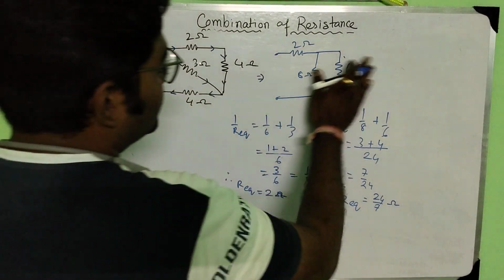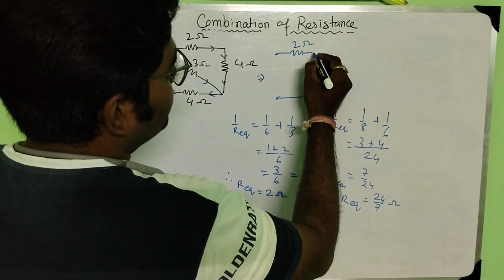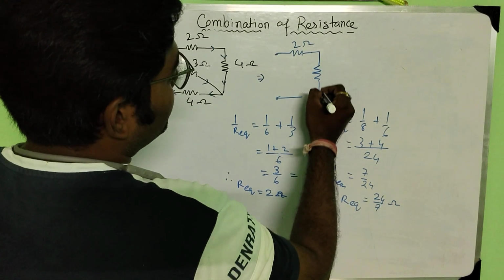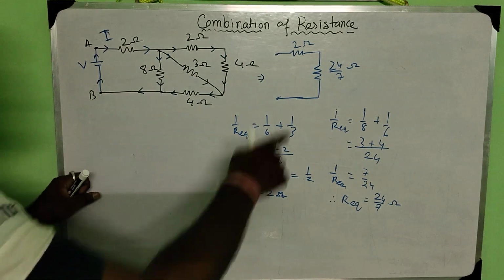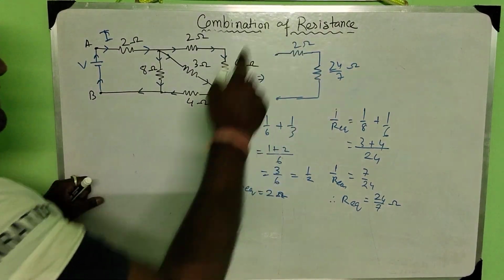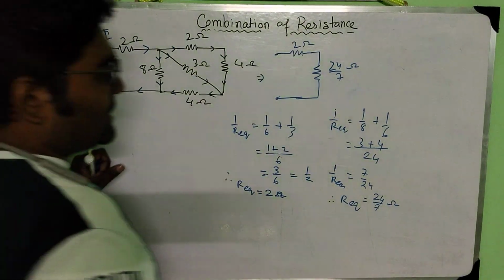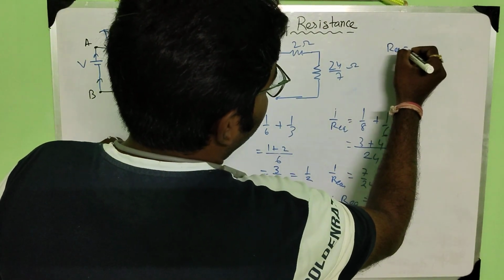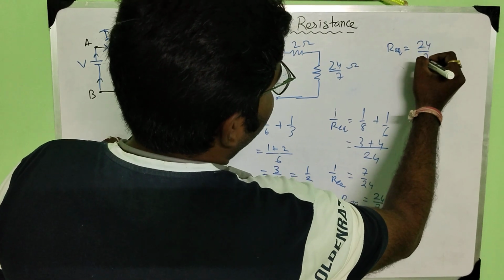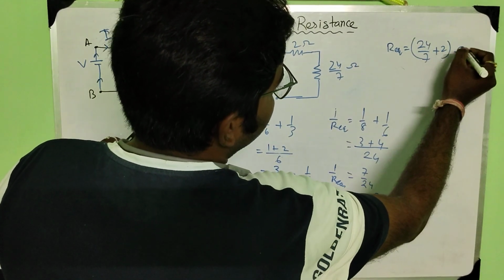Okay. So this will come as 24 by 7 ohm. Now this 24 by 7 ohm and 2 ohm, they are in series combination. So R equivalent will be 24 by 7 plus 2 ohm.